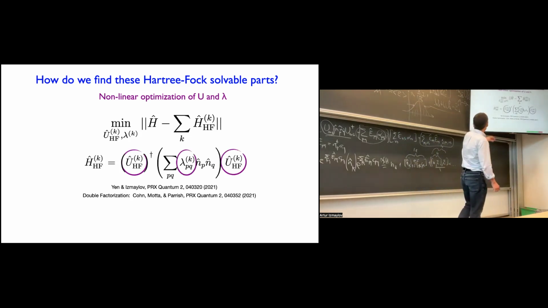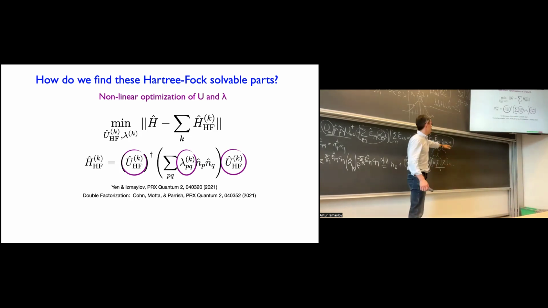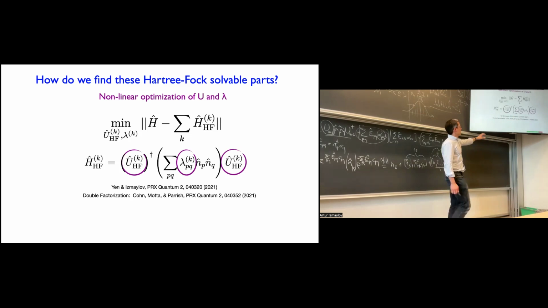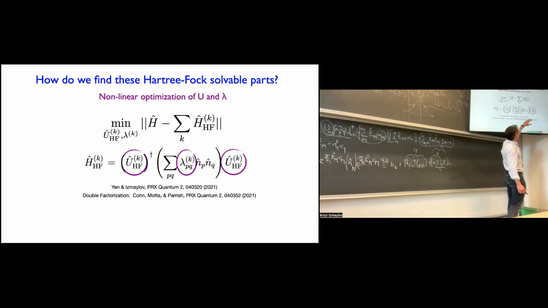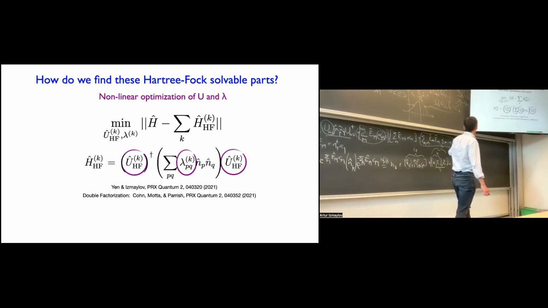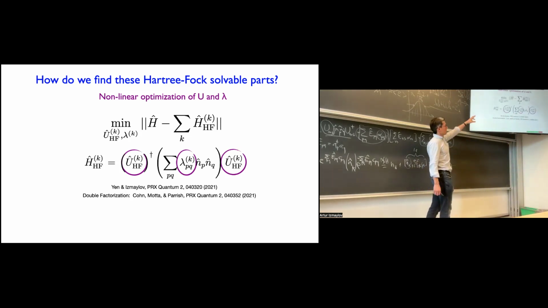We could simply make sure that if we take the two electron integrals from the real H, when we do this procedure with different orbital rotations and different coefficients in this quadratic part, we can recover the two electron integrals in the H.